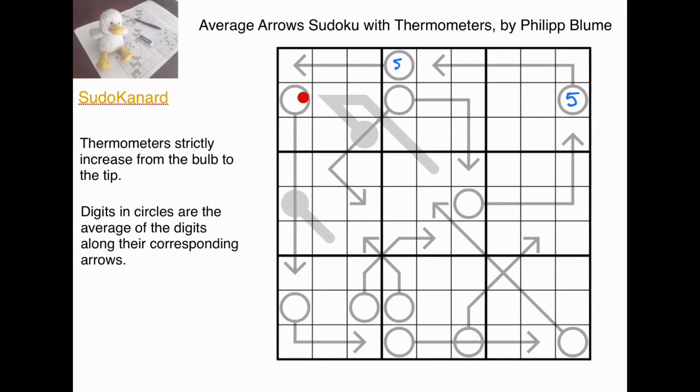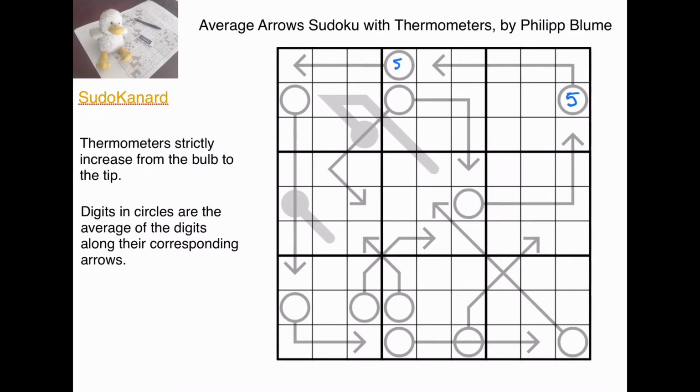Now this arrow, there must be something about it. So we know that this is the average value of those, so the sum of all 6 digits is a multiple of 6. It's 6 times this digit.